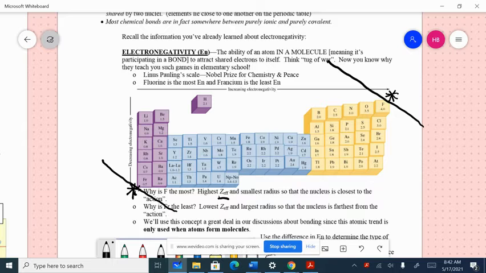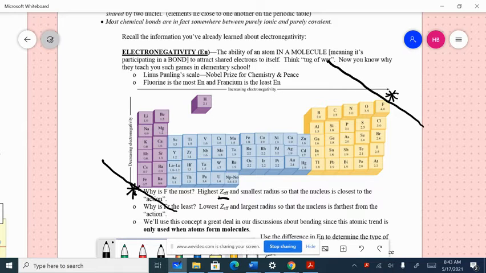So when we form molecules, you can determine, at least in a general sense, how polar the molecule will be by how far away they are from each other on the periodic table of the elements. So remember, do not refer to their position on the periodic table as the reason why. That just gives us the information.